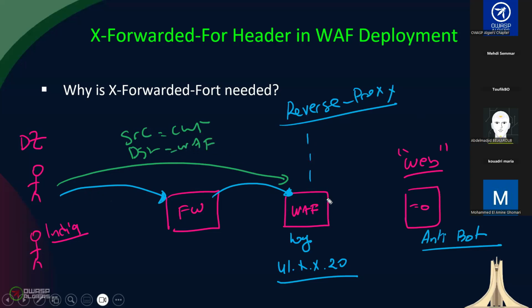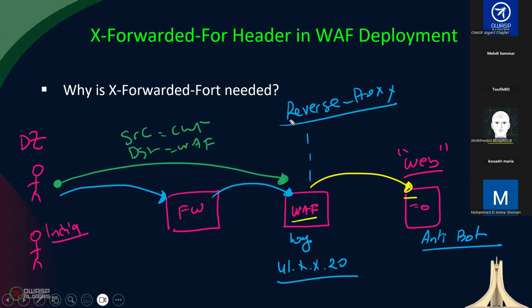And for the WAF to reach out to the backend application, the WAF uses a completely independent IP connection, which means that the first IP connection that I'm representing with this green arrow is completely different from the one I'm now representing using this yellow arrow. And here the source is the WAF, the destination is the backend.